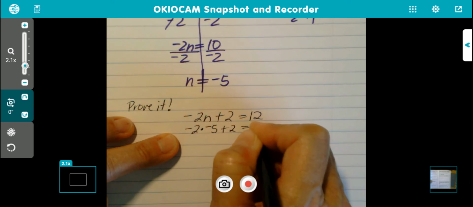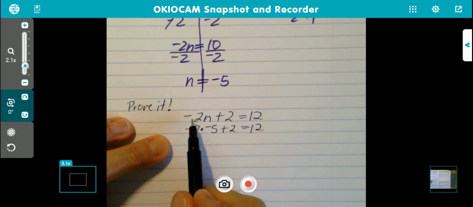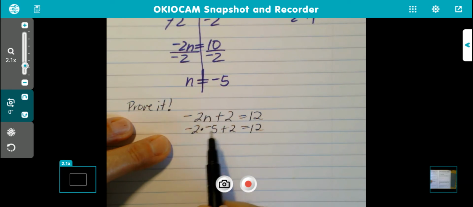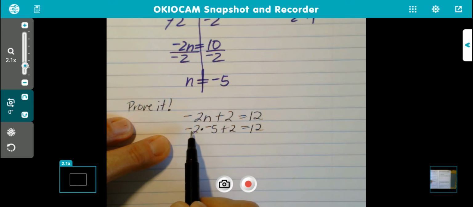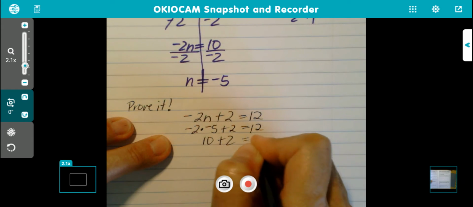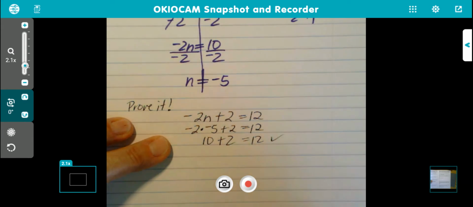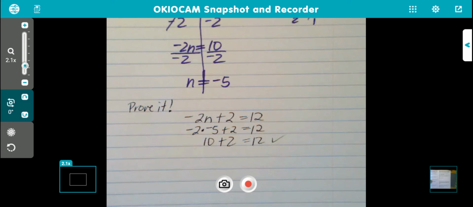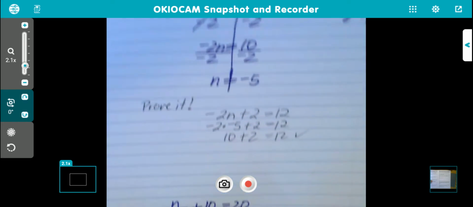Remember, the n was being multiplied. So when I take out the n and put in the -5, I'm going to multiply. -2 times -5 is 10. Add 2, and guess what? We are correct. So n does have to equal -5.